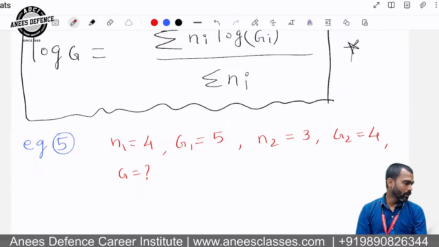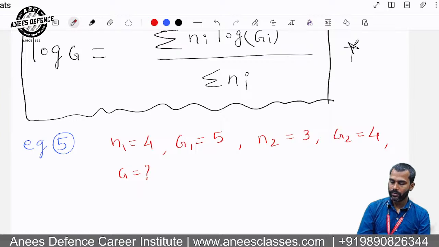Okay, no problem. First find out G and then find out log G. What is G? N1 plus N2 is 7. So very easy. Apply the formula simply.